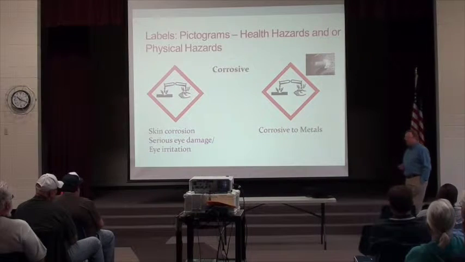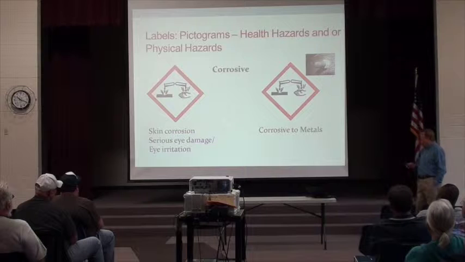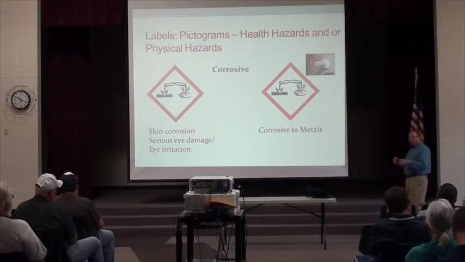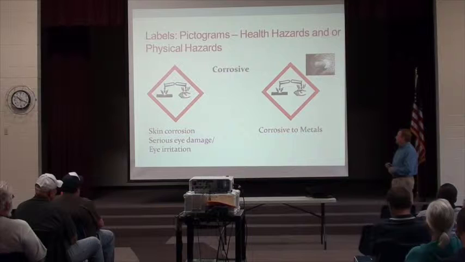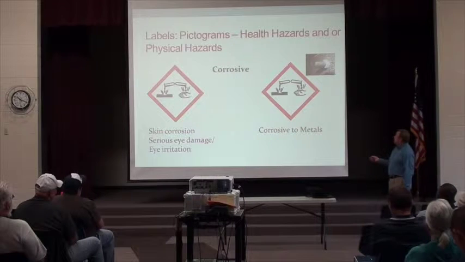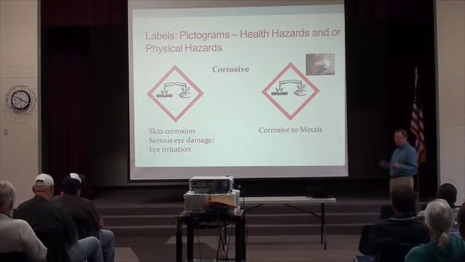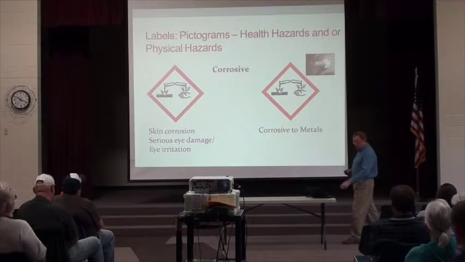Laundry bleach is corrosive, but also, if you store it on metal, it's corrosive to metal too, because it eventually will eat away that metal. Because if it eats metal, it eats skin. That's another easy way to see it. And that's what they're showing in this picture. Pour it on metal, it eats the metal, pour it on skin, it eats the skin. That's the picture that they're trying to show you in that pictogram.